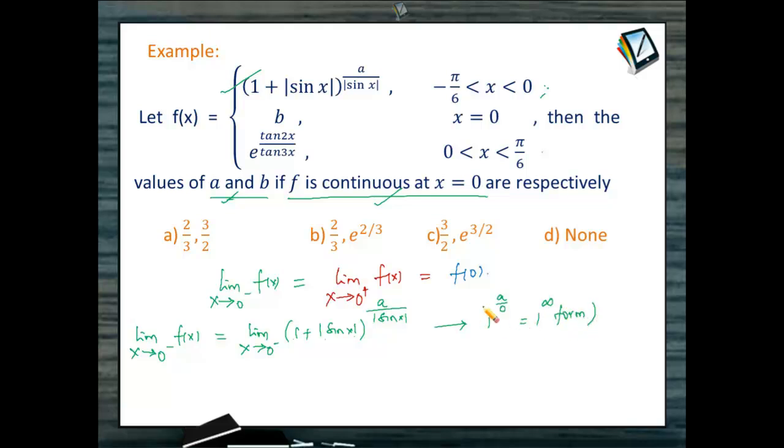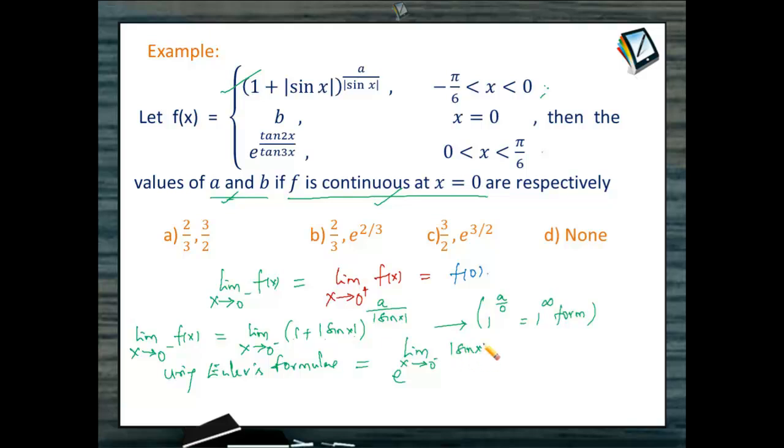Now do you recollect what do we do when we get a limit in the form 1 to the power of infinity? Correct, by using Euler's formula. What does Euler's formula say? This same limit must be equal to e to the power of limit x tends to 0 minus, now (1 plus f of x) raised to the power of g of x becomes f of x into g of x. So how will be the limit?